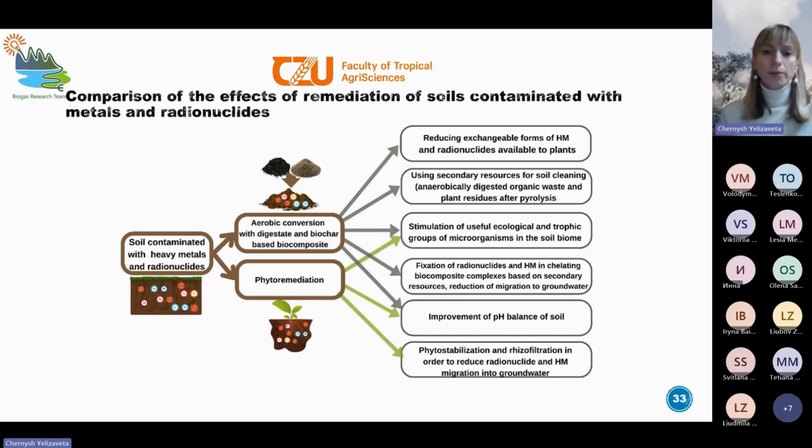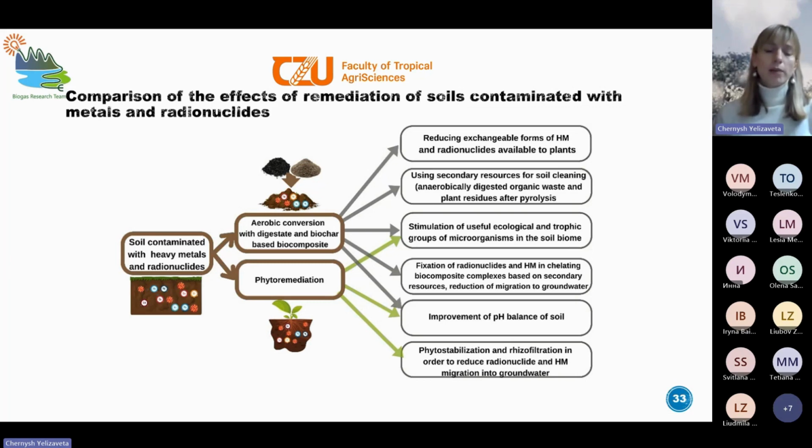It's really necessary to provide such a complex approach to help remediate soil that has suffered under the war, a complex approach involving chemical and physical methods of improving soil quality. That's important, but biotechnologies and bioremediation methods are very important for soil recovery, to provide a natural mechanism of soil biome growth, and mostly for long-term processes of recovery.